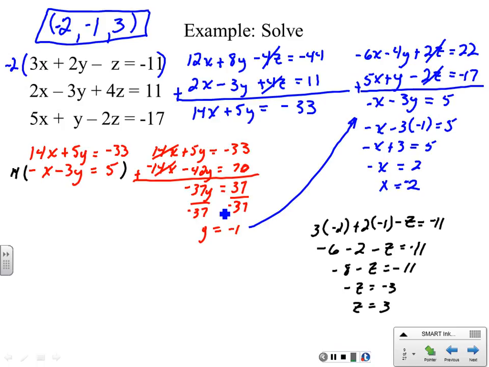So let's go through this one more time, all right? First step, choose 2 equations and eliminate 1 variable. So I chose the top 2 equations, and I chose to get rid of the z's. To do that, all I did was try to make opposite 4s. So initially, before I erased it, I multiplied through by 4.